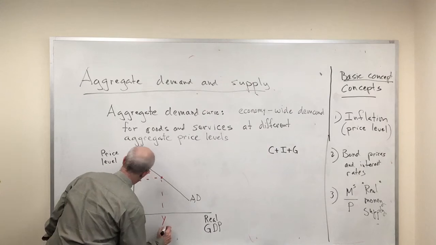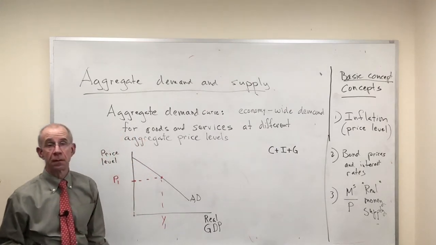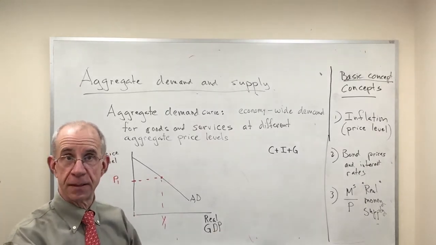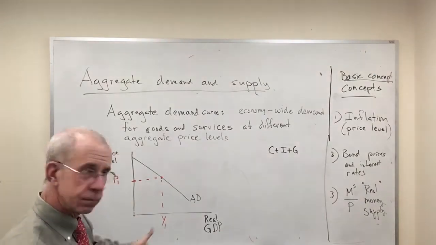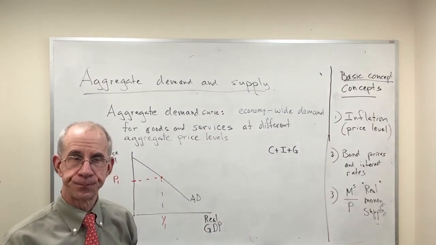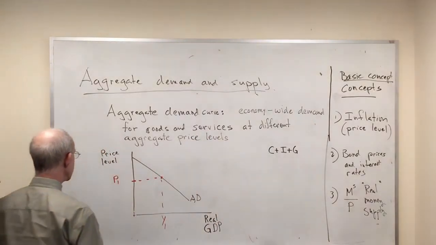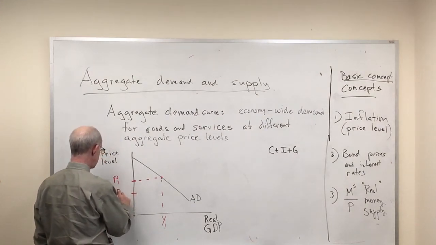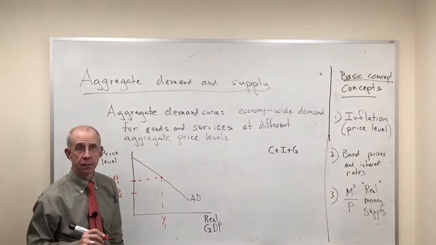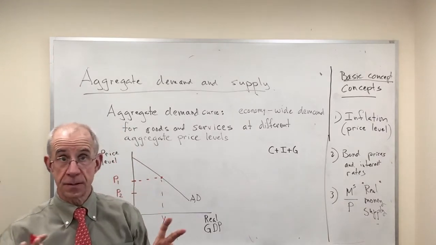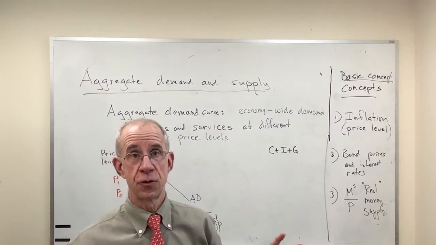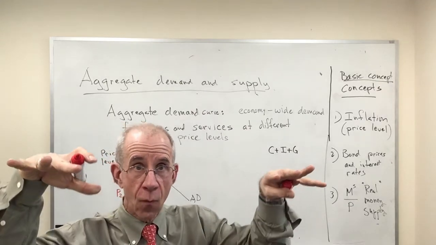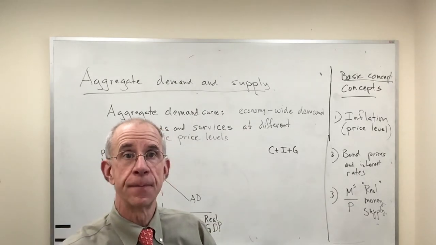We'll call that Y. So GDP being the real level of economic activity, GDP adjusted for price. Just pick that combination out of the air. Now let's imagine that the price level has fallen to P2. To be clear, this is the prices of everything changing in the economy by the same amount. So it's just an overall lower price level.